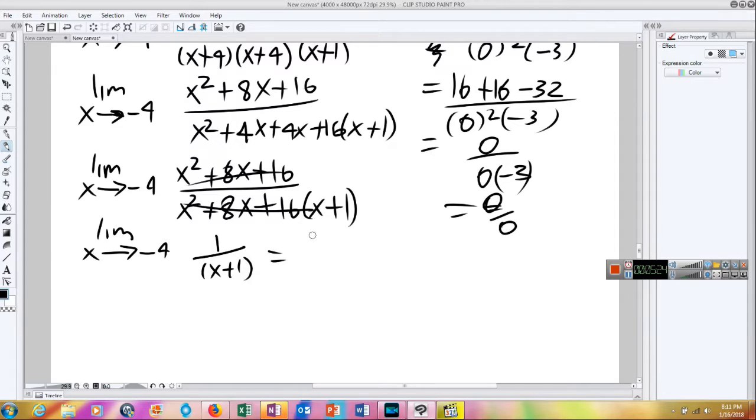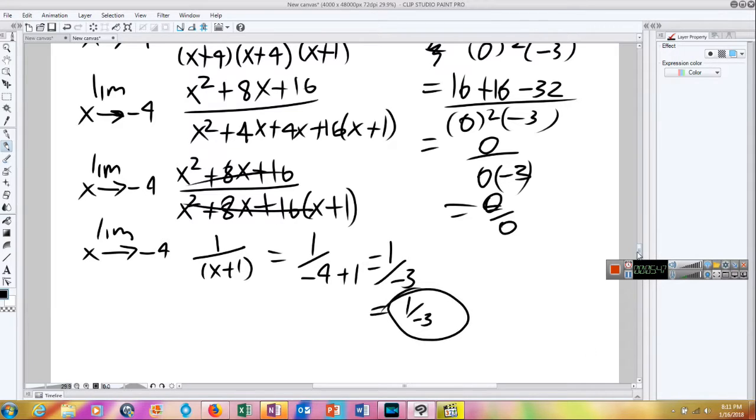That equals 1 over negative 4 plus 1, which is 1 over negative 3, or negative 1/3. That's basically the answer here.